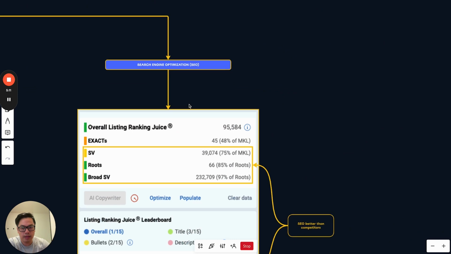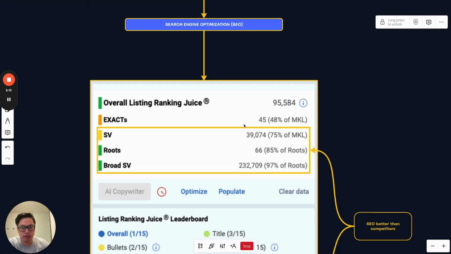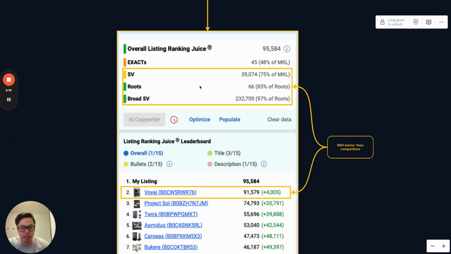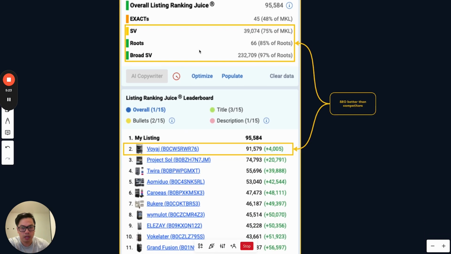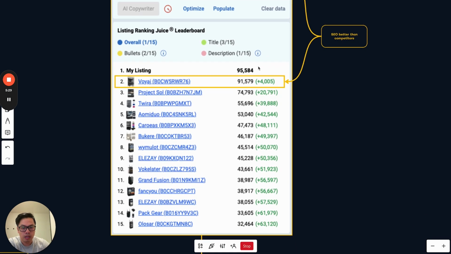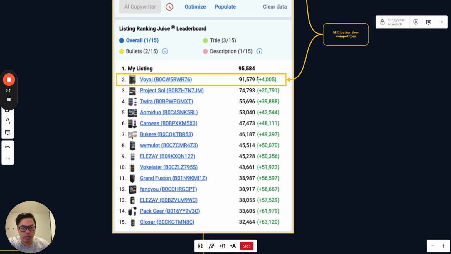Okay, so let's dive into the SEO side of things now. So we're taking a look at search volume percentage. We're around 75%. Exact matches, we have about a 48%. We're on 85% of the routes and 97% of the search volume. So when it comes to the SEO side, the listing is at the very top and it's better than all the other competitors.